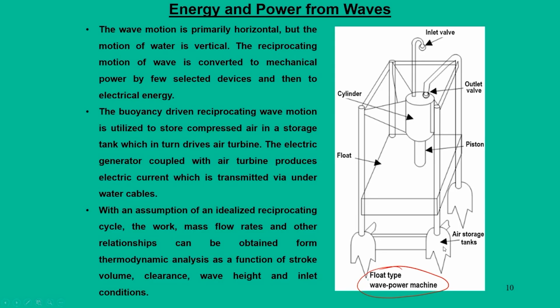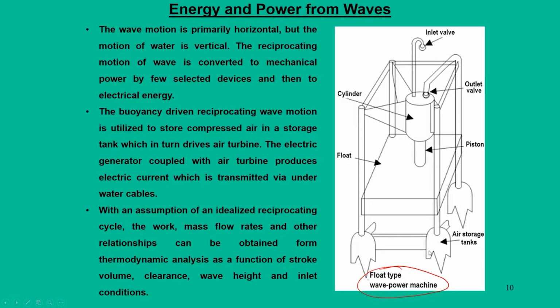This air storage tank is further connected to an air turbine, and this compressed air is expanded in a turbine to generate electricity. Whenever wave energy is available, we store it, and this stored high pressure air gets released for power generation by expanding in a turbine.